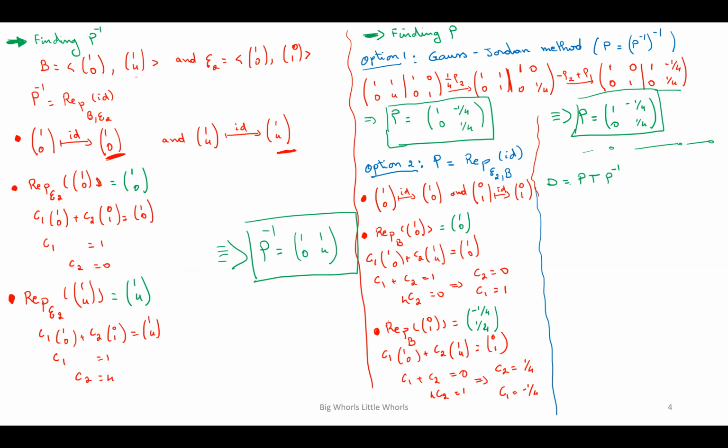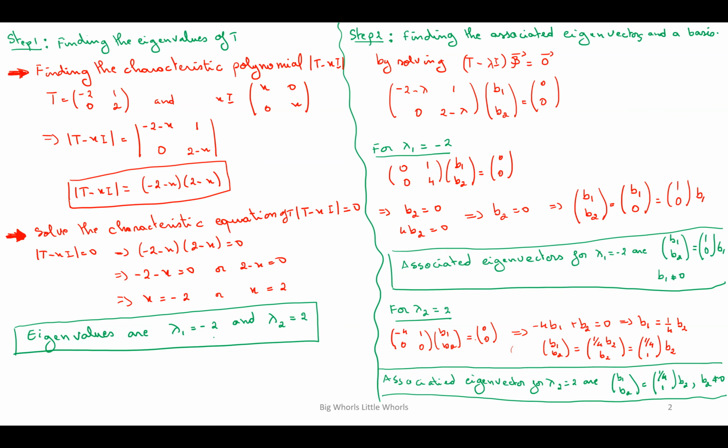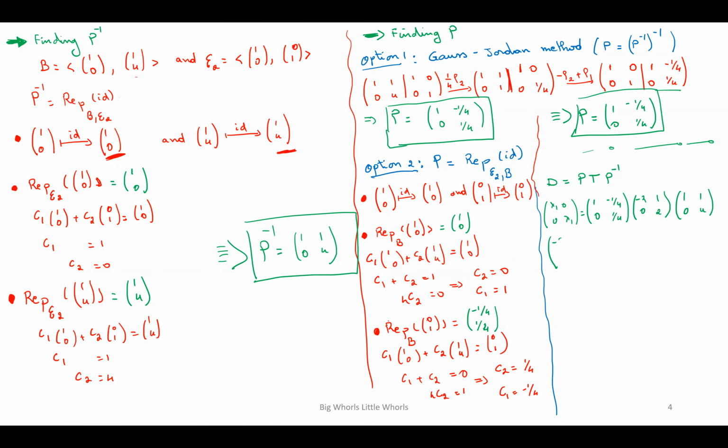We have said that our diagonal matrix lambda 1, 0, 0, lambda 2 is going to be equal to P, (1, 0), (minus a quarter, a quarter), multiplied by T, which is (minus 2, 0), (1, 2), multiplied by P inverse, which is (1, 0), (1, 4). So our diagonal matrix is made of our eigenvalue 1 and eigenvalue 2: minus 2, 0, 0 and 2. That should be equal to that.